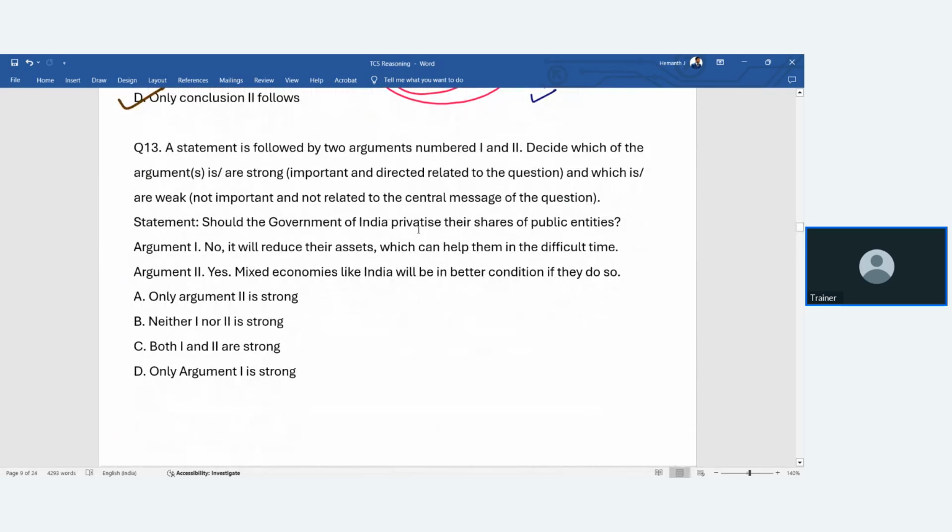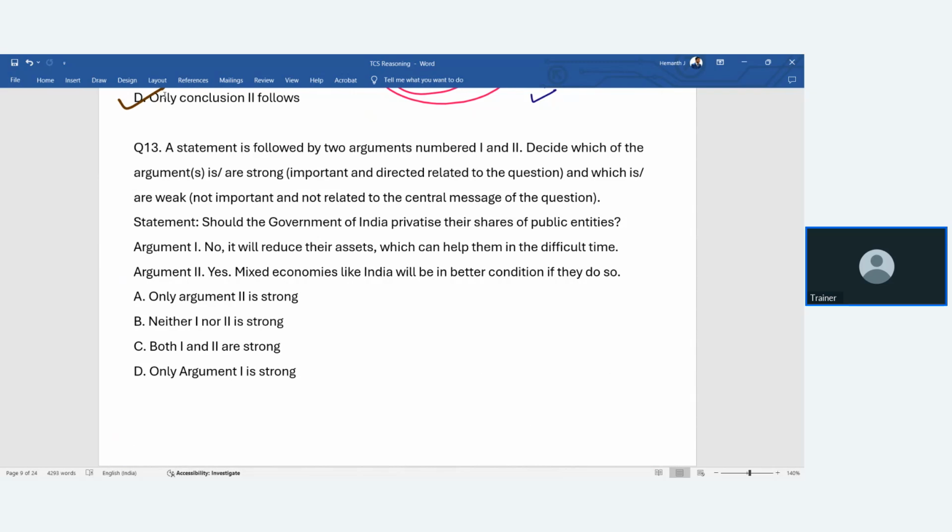Now let's have a look at this 13th question. Statements and arguments. Whether your argument is strong or weak depends on the response: yes or no, and then you have to give a reason. We have to check whether the reason is genuine or not.